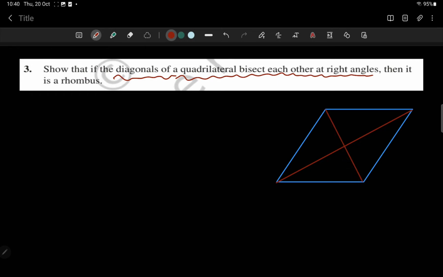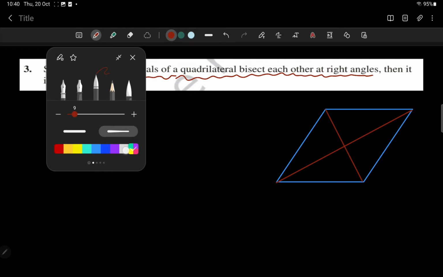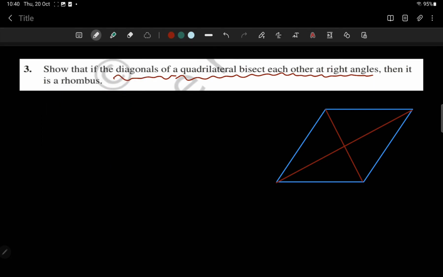It is clearly written that the diagonals of this quadrilateral bisect each other, and at right angles too. That means this equals this and this equals this, and bisect each other means this is 90 degrees, this is 90 degrees, this is 90 degrees.